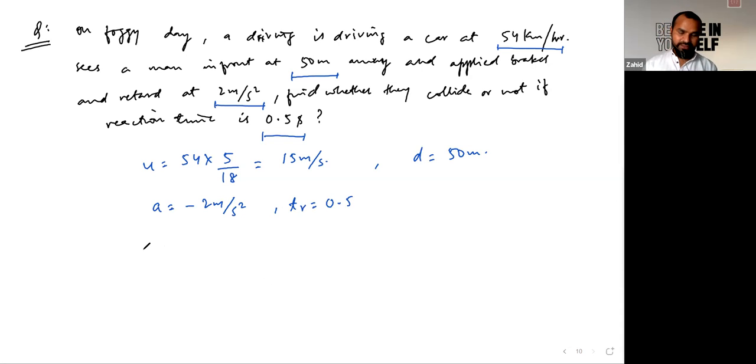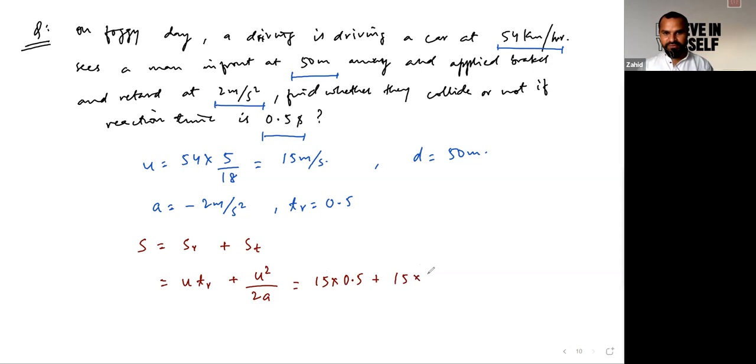We have two types of distances: the distance during reaction time plus the distance due to stopping. Reaction distance is u times the reaction time, plus stopping distance u square over 2 times retardation. Putting in the values: u is 15, reaction time is 0.5, u squared is 15 into 15 divided by 2 times 2.